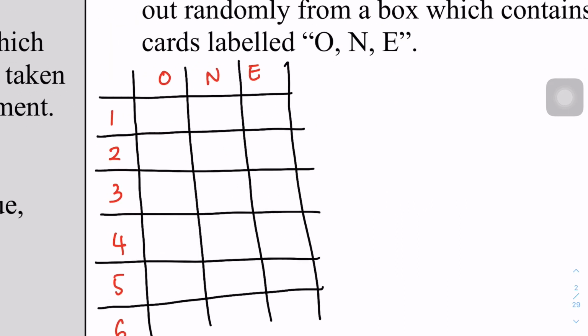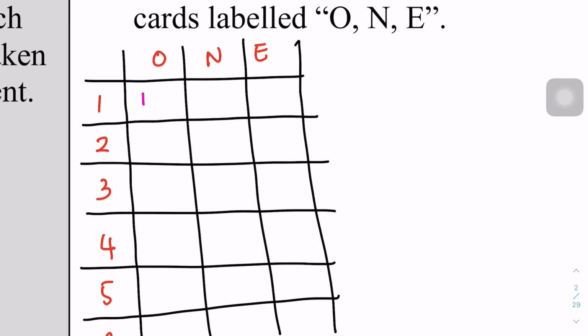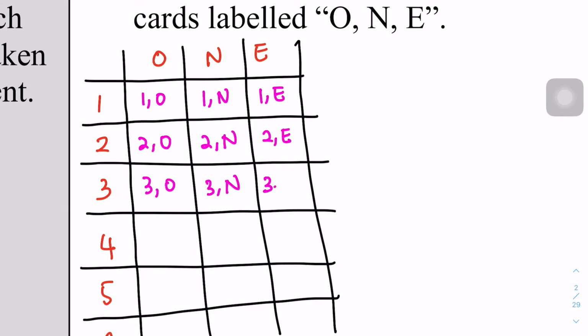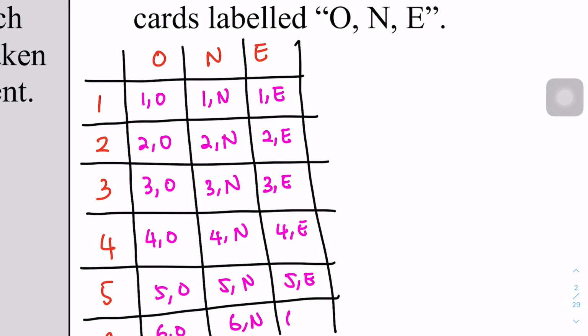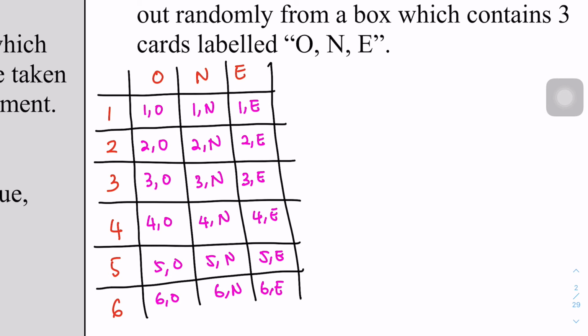So what are the elements? We have 1 O, 1 N, 1 E, 2 O, 2 N, 2 E, 3 O, 3 N, 3 E, 4 O, 4 N, 4 E, 5 O, 5 N, 5 E, 6 O, 6 N, 6 E. Then you list the sample space.